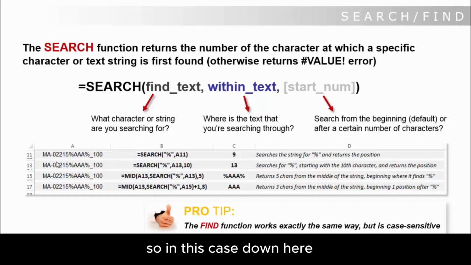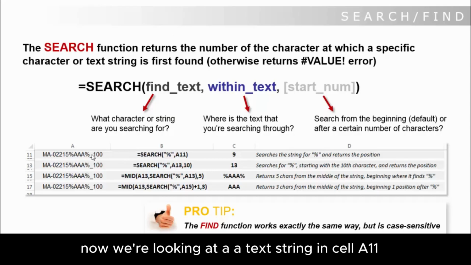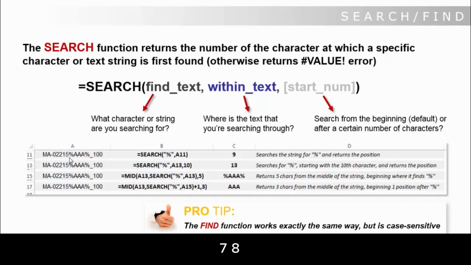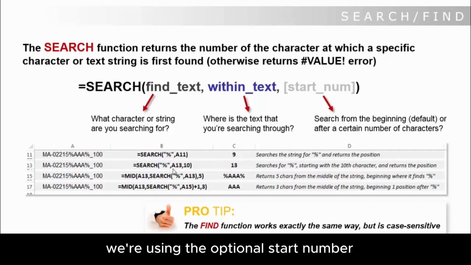So in this case down here, we're looking at a text string in cell A11. So we're saying, okay, search for the percentage sign within A11. It starts on the left and counts 1, 2, 3, 4, 5, 6, 7, 8, 9, finds it in the 9th position and returns the number 9. In this case, we're using the optional start number component of the formula.